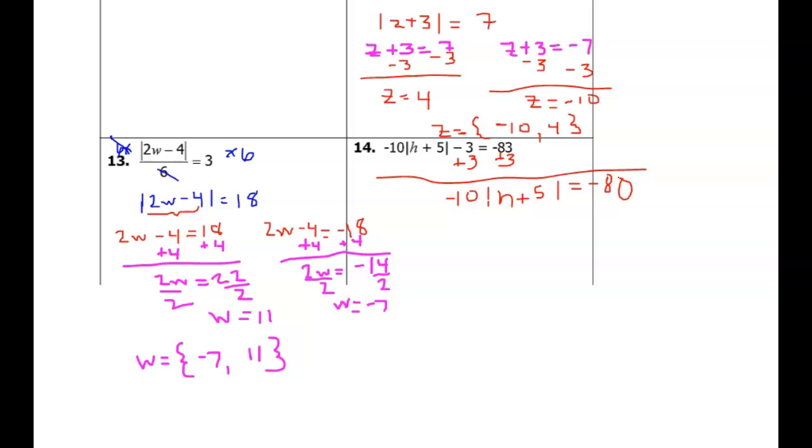Is the absolute value isolated? Still no. How do we get the absolute value by itself? What do we do now? I'm going to divide again by negative 10 on both sides.